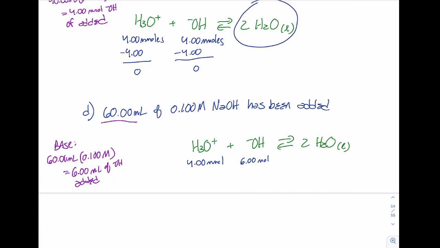Oops, forgot an m. Always take the smaller of those two numbers, subtract that from both sides. So this time 4 is my smaller number. So all of my acid has been neutralized, and I have 2 millimoles of base left over.